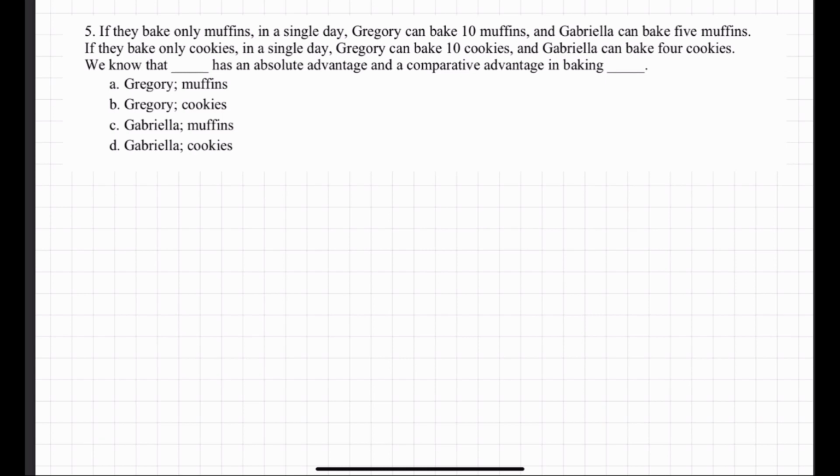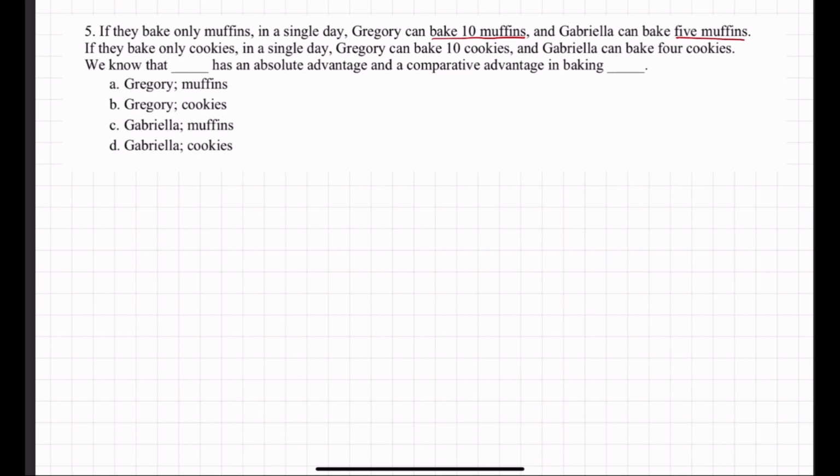Okay, so far we have focused on the time it takes to make a unit of something. Now let's focus on the quantity. Focusing on quantity is looking at how much you make in the same time. So the person who makes a lot of things has a comparative advantage. So let's look at this question. If they bake only muffins in a single day, Gregory can bake 10 muffins, and Gabriel can make 5 muffins.